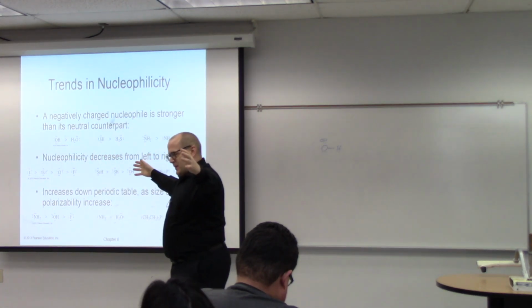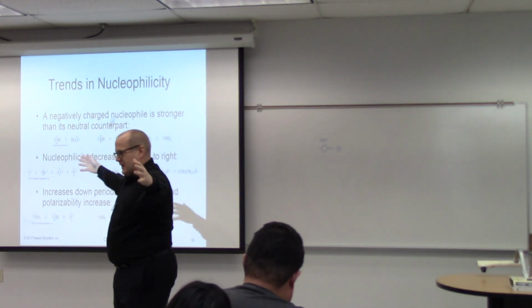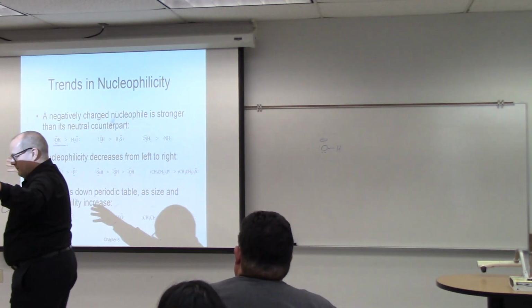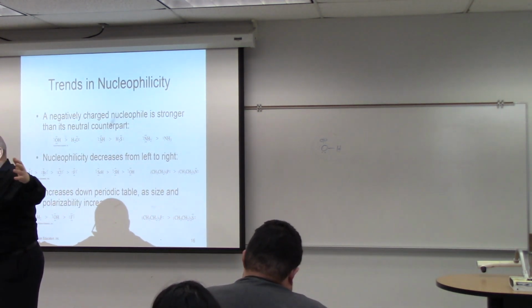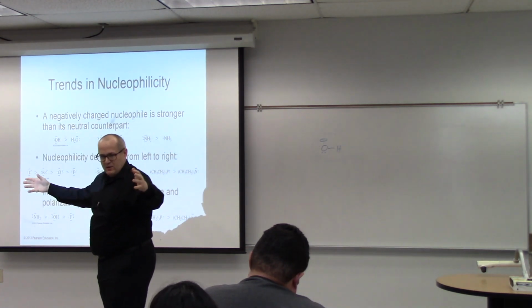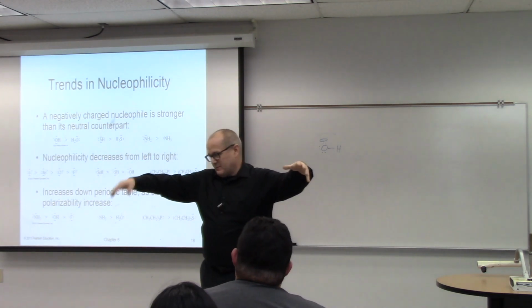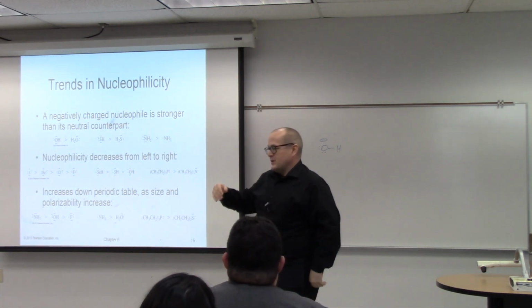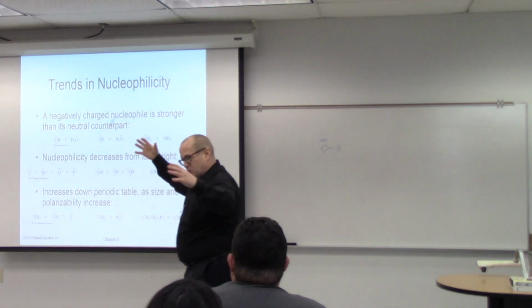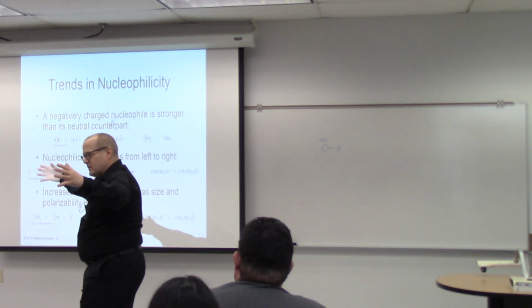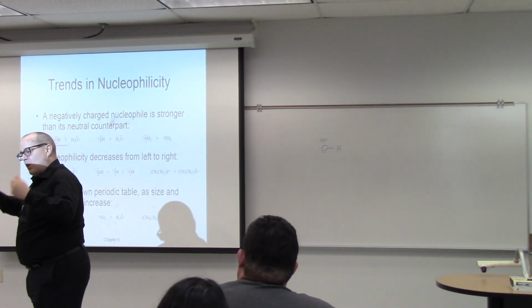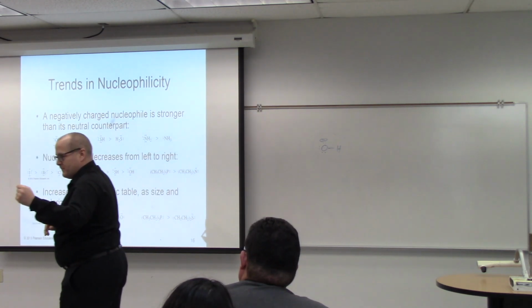Now, if you take a big fluffy pillow, you can push all the stuffing to one side, can't you? Or you can push it all the other side, can't you? That's called being polarizable, right? You can move all the filling to one side and have an empty other side, right? Delta minus, delta positive, right? Big things like iodide and sulfur can polarize. They're polarizable. Are you with me?